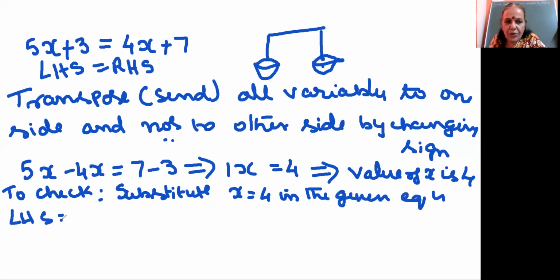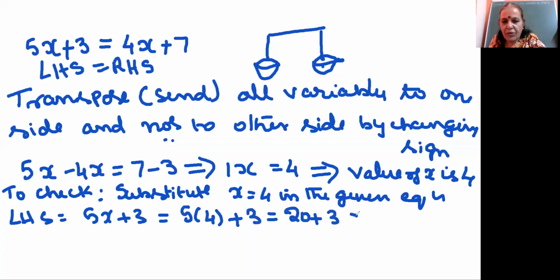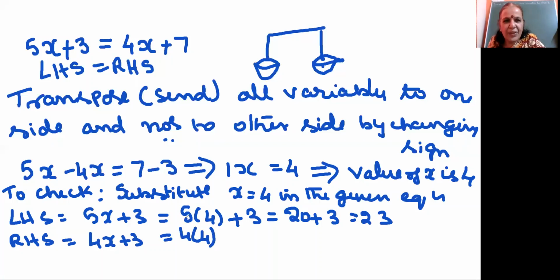Left hand side is equal to 5x plus 3, which is 5 into 4 plus 3. 5 4s are 20, 20 plus 3 is equal to 23.